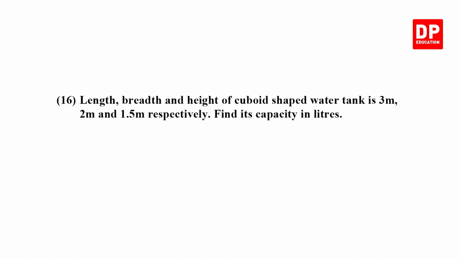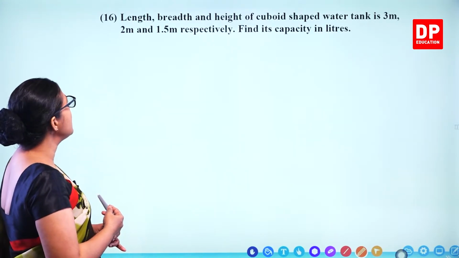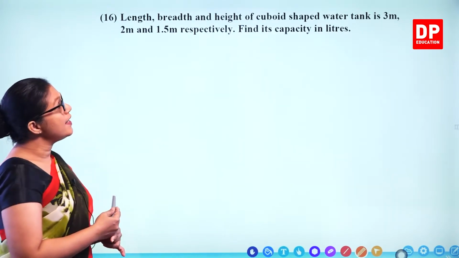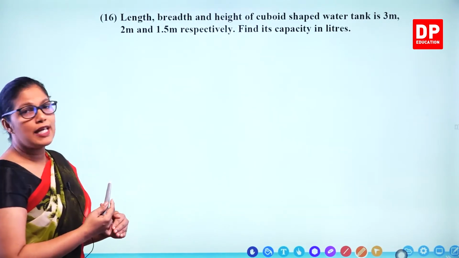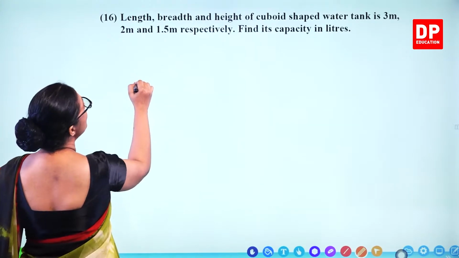Question number 16. Length, breadth and height of a cuboid shaped water tank are 3 meters, 2 meters and 1.5 meters respectively. Find its capacity in liters. First we'll find it in cubic meters and then convert. So what's the volume?